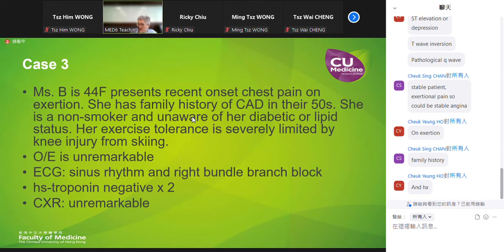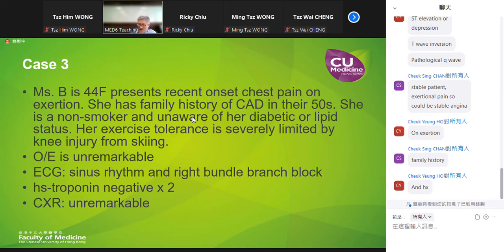The 50s are very young, so that puts me on alert, because everyone with premature coronary disease puts you on alert for everybody else. Although we don't know the diabetic or lipid status, she could have undiagnosed diabetes, or lipids could be sky high. We don't know. But based on the family history, I would be more concerned about this chest pain.